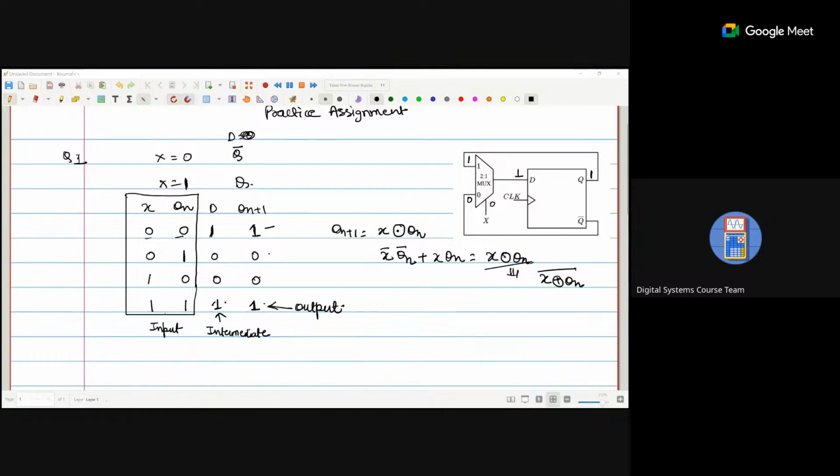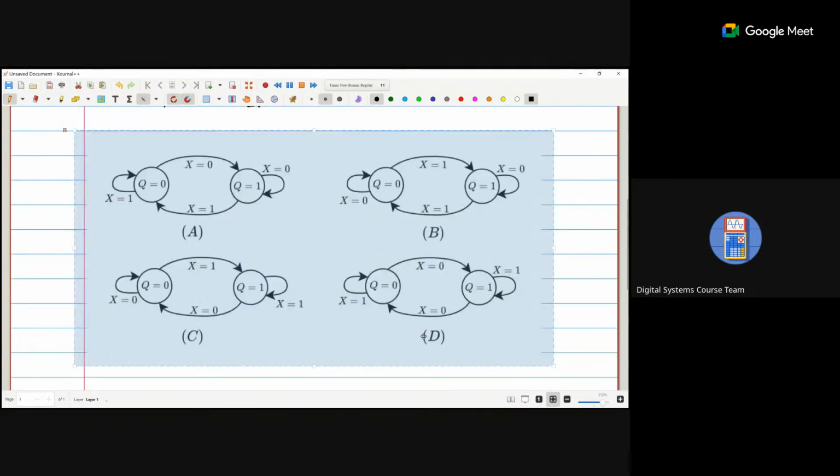Now, the third question is the state diagram. Okay. Now, when Qn is 0, so I just take a copy of this one. Paste it.